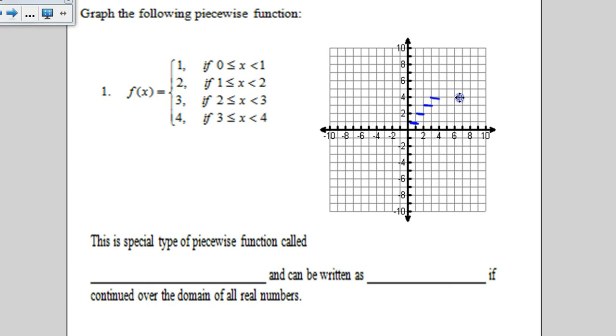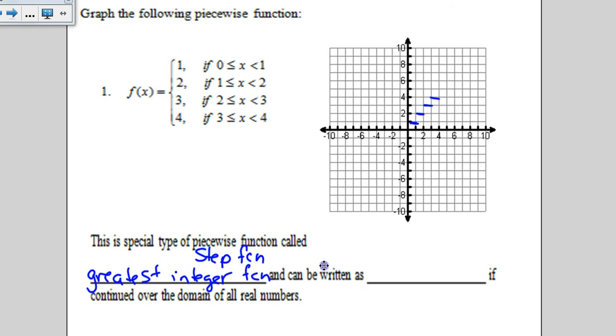Now, if I continued this function over the entire domain, its official name is the greatest integer function. We're going to specifically call these step functions today, and they're called step functions because they look like little stair steppers.